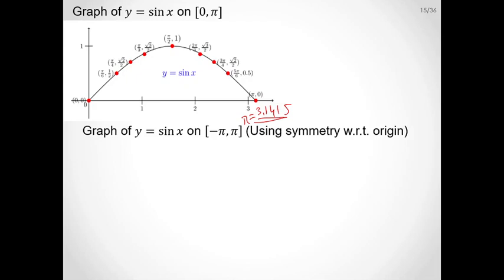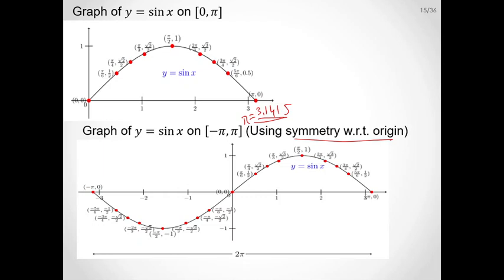And now we know it's symmetric with respect to the origin. So what does this mean? We can take this one, take the reflection through the x-axis, and then take the reflection of that reflection with respect to the y-axis, so we will get the other part of the graph. If the graph is symmetric with respect to the origin, it has this property.